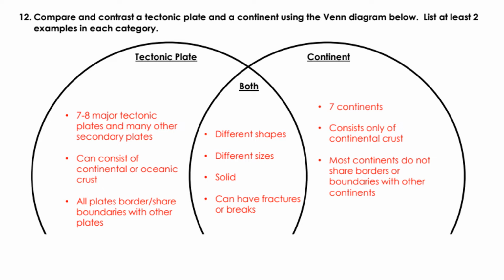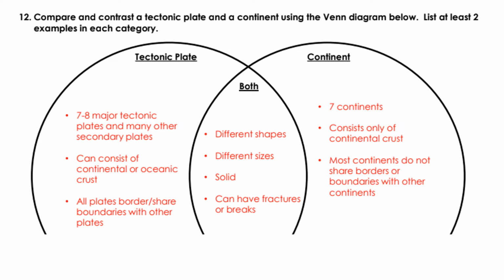Here we have another Venn diagram to compare and contrast tectonic plates and continents. So here we've got major tectonic plates or continents, and then we have some secondary or subplates. Tectonic plates are going to consist of continental or oceanic crust.